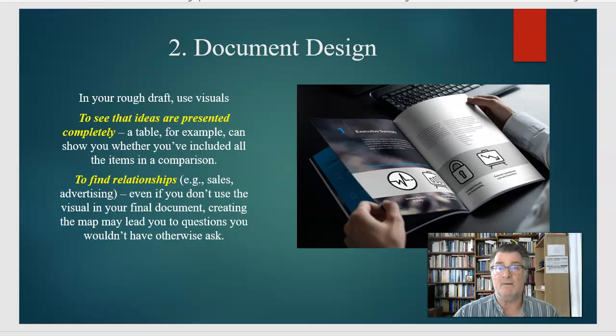Visuals are good if you want to see an idea presented as a table. And there's a whole range of different ways to do it, whether it's a pie chart or bar graphs. Those things are really important, but they have to state clearly the purpose of why I chose this type of idea to represent visually rather than another one. Why did you need to set up a table? Why did you need to set up a bar graph or a pie chart?